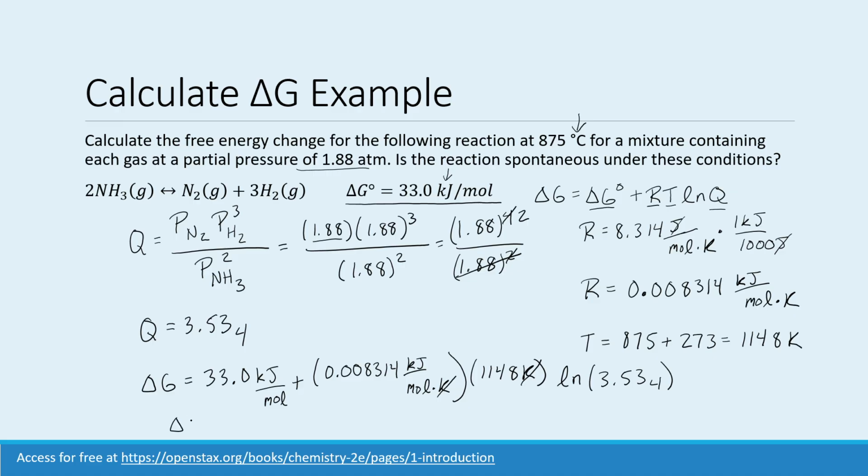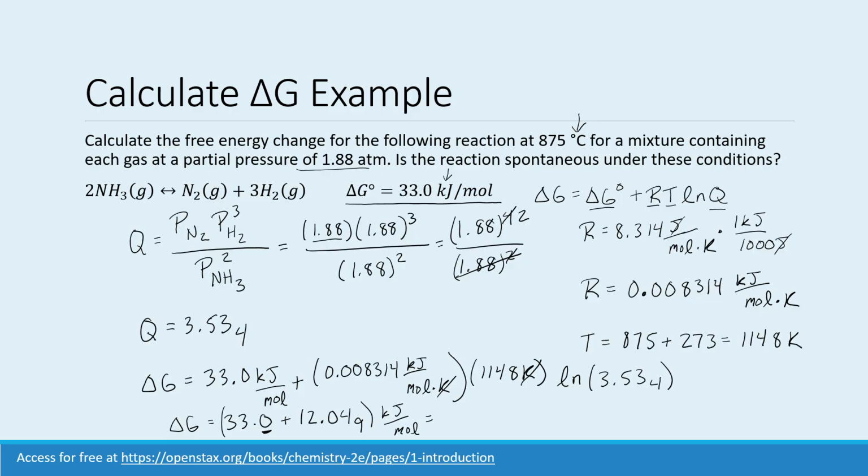Okay, now if we go ahead and multiply everything out, our RT and natural log of Q, then delta G is equal to the 33.0 plus 12.049, keeping an extra digit until we're done, and all of that is in kilojoules per mole.